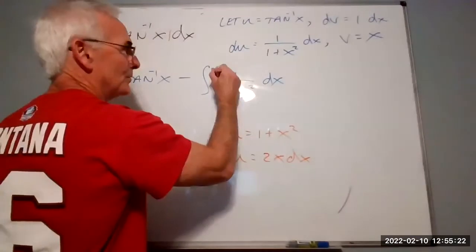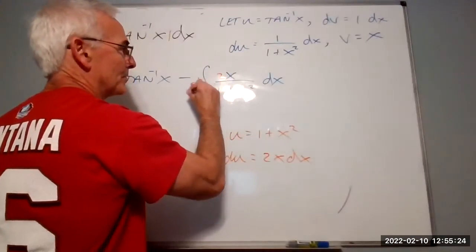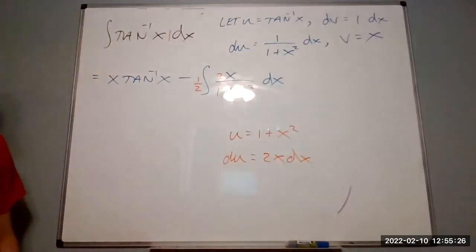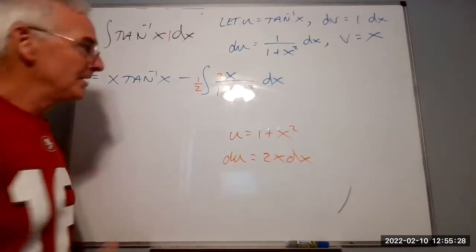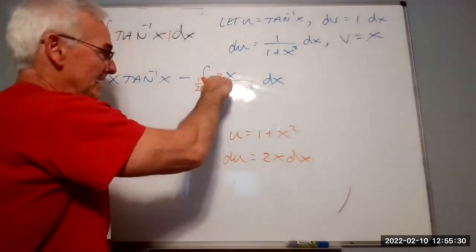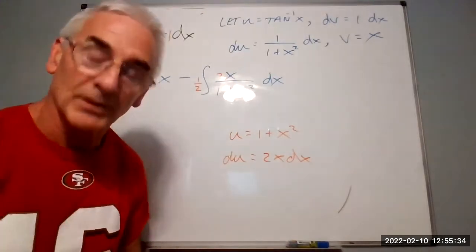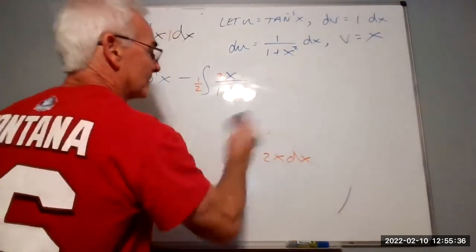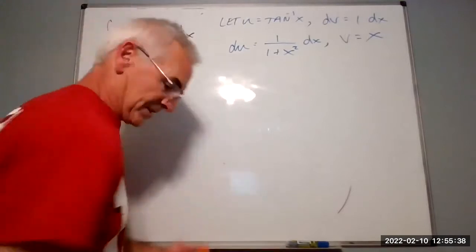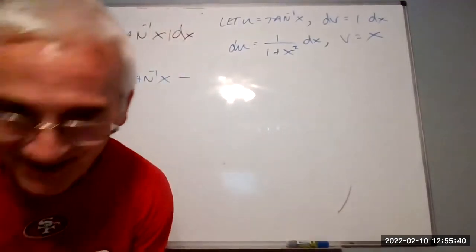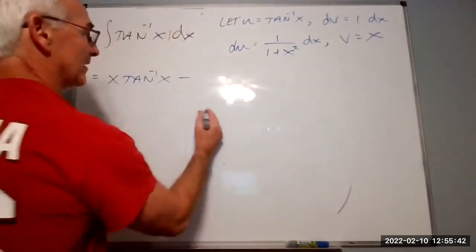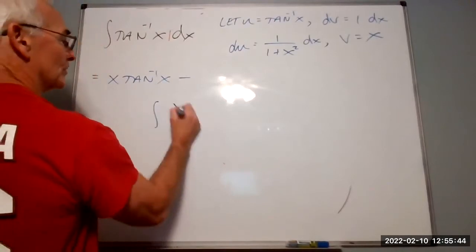Can I do that? Is that legal? I just put a 2 in front of the x and put a 1/2 in front of the integral. Can I do that? Oh, you know what? I realize, hold on, let me do this. I just looked up and I saw the glare. It doesn't always show up to me. I'll put it down here. Minus the integral of, there we go.